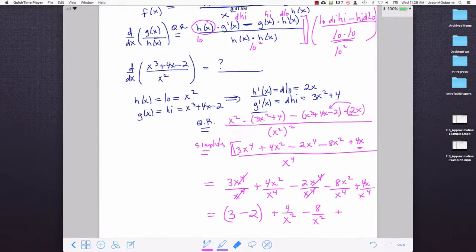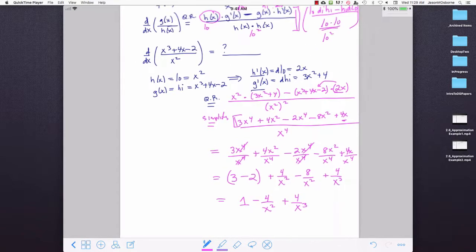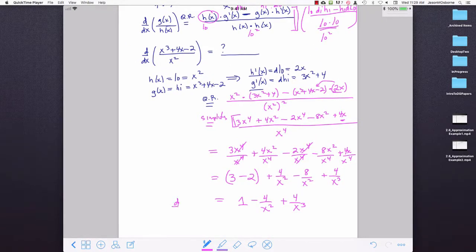Okay, 4x. I knew I was supposed to have a cube term, which is why I paused there. So we get 4 over x cubed. So 3 minus 2 is 1. 4 over x squared minus 8 over x squared is minus 4 over x squared plus 4 over x cubed, which is the same answer that we got before, the derivative of g of x divided by h of x.